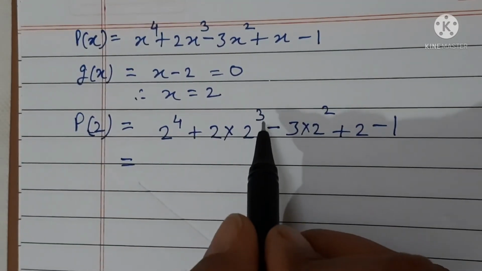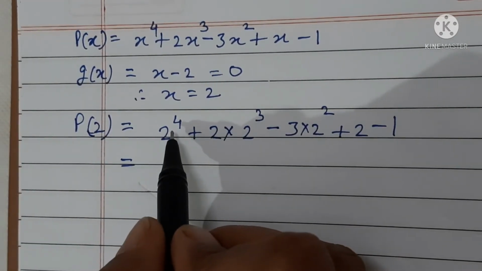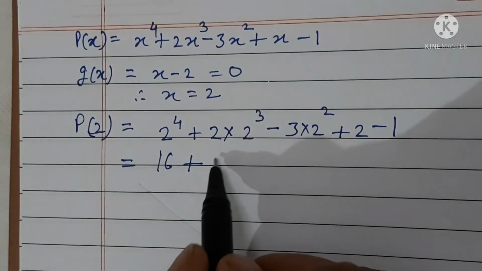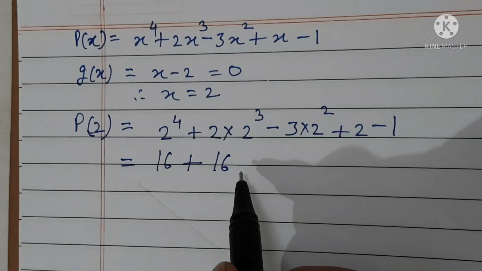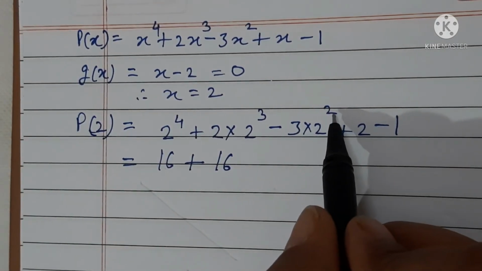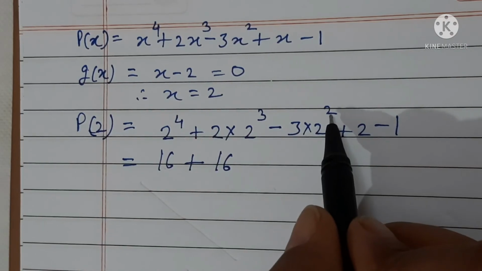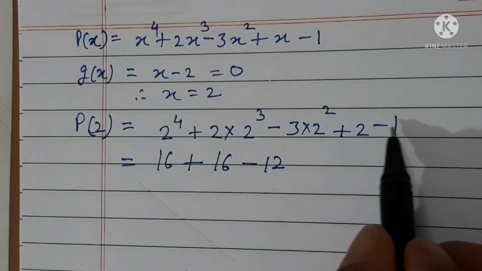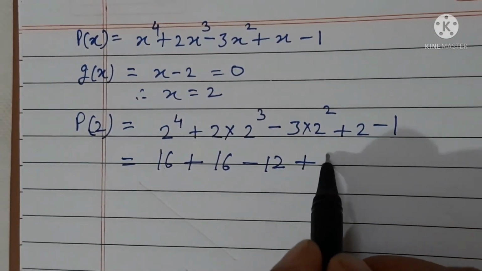Here 2 to the power of 4 is 16, plus this is also 16. Here 2 square is 4, 3 times is 12, and 2 minus 1 is plus 1.